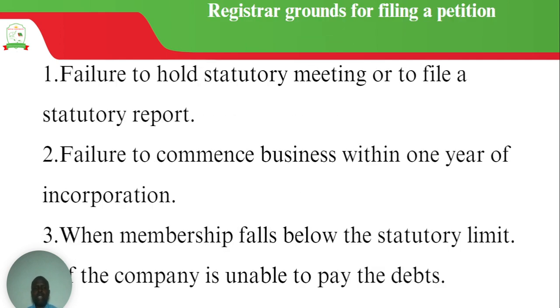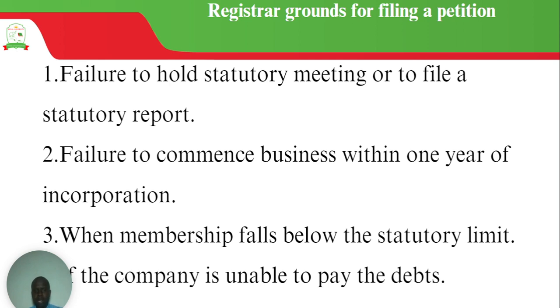Now, the registrar has grounds also to be able to file a petition. Number one is failure to hold a statutory meeting or to file a statutory report. Remember, we have emphasized on the issue of this statutory meeting and its importance. It's very, very important. And of course, once you hold the statutory meeting now, you are required to present a report to the registrar.